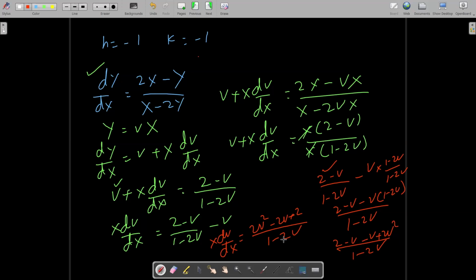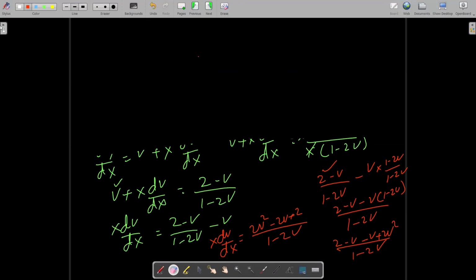Great. Now, what's the next step? You have to separate the variables. So we have x dv over dx equals 2v square minus 2v plus 2 over 1 minus 2v. We can write the right side on the left side, and the x dx on the right side.